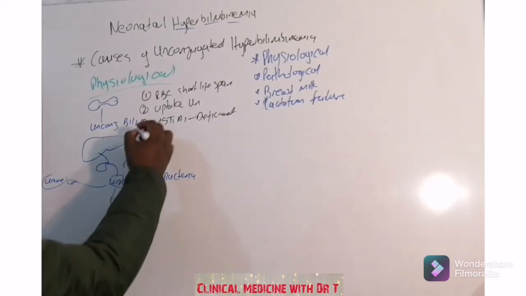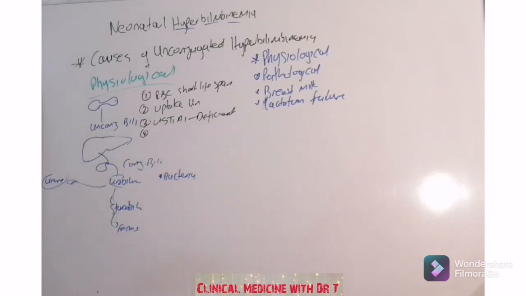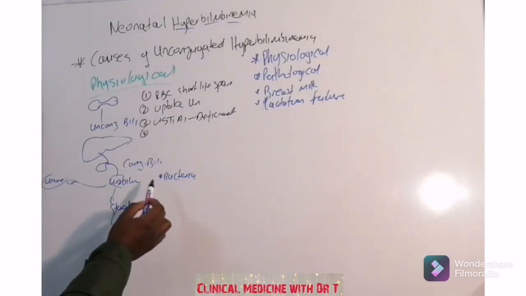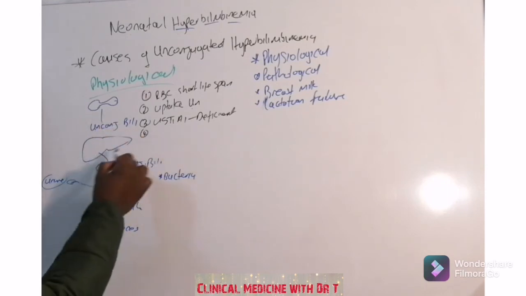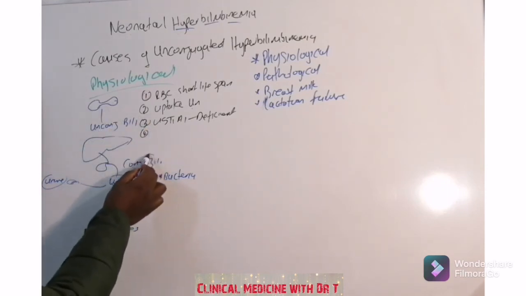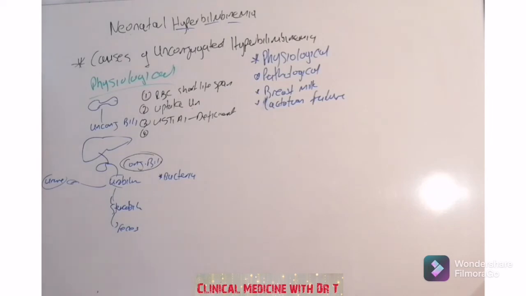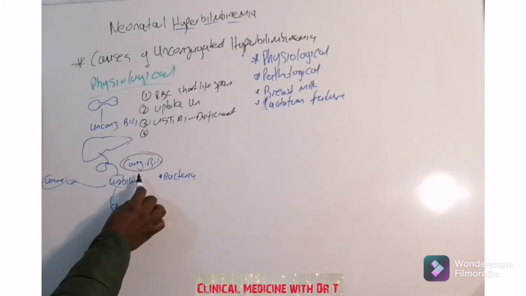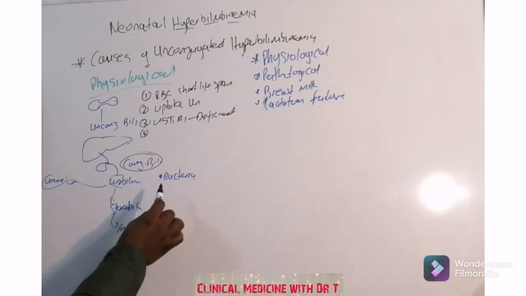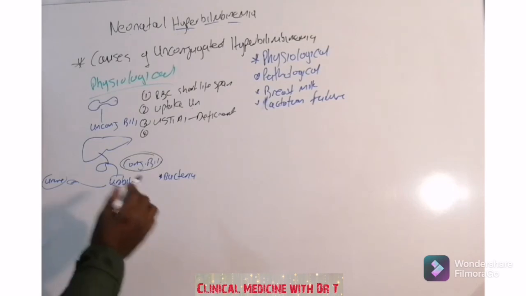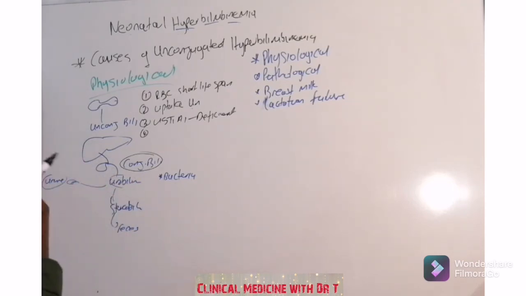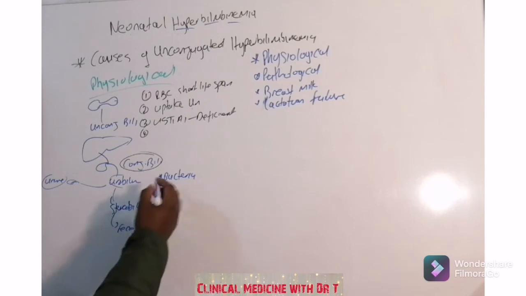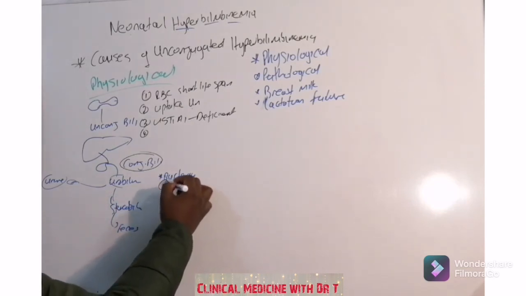Another reason is that once some bilirubin makes it to this other side and is conjugated, the neonate's GIT system does not have bacteria.